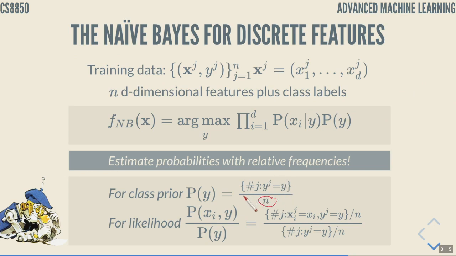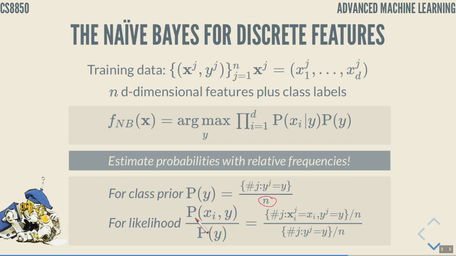How many times does this class come up? For example, if class y equals 0 comes up 100 times out of 1,000, we can just go through all of the samples, look at which ones are class 0, and just count those. That's how we will estimate the prior.